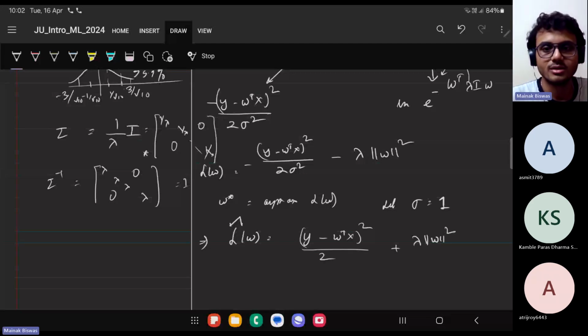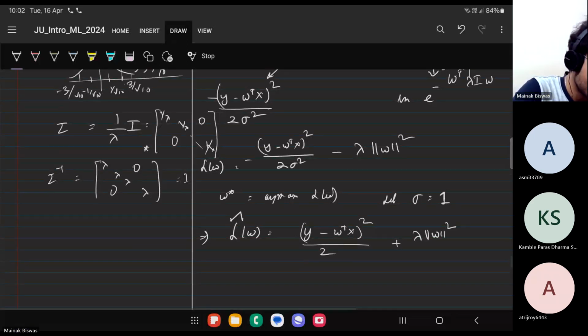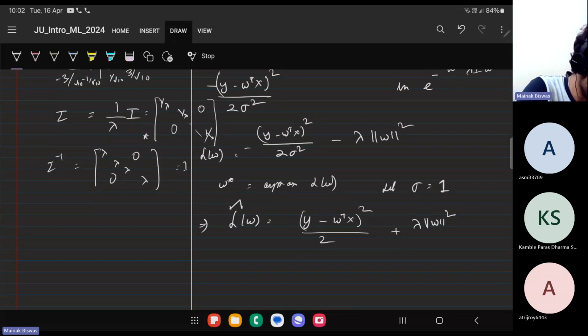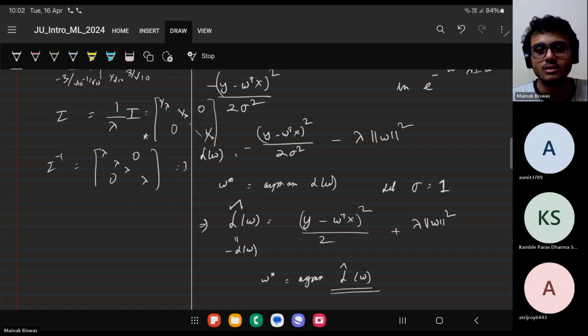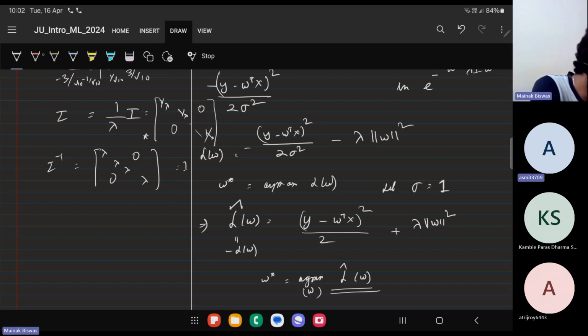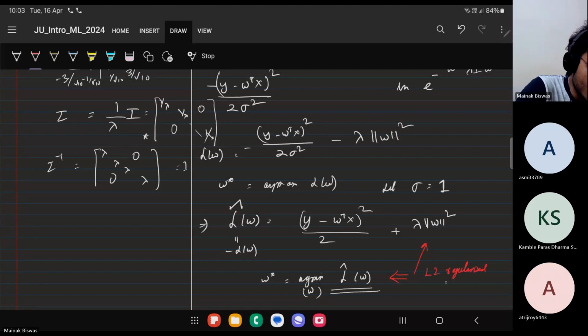This is what you have. I have just removed the negative, so this is minus L of W. So W star, do you agree, is argmin of L cap of W? Yes, we have taken the negative. So this is exactly the L2 regularized linear regression, right?